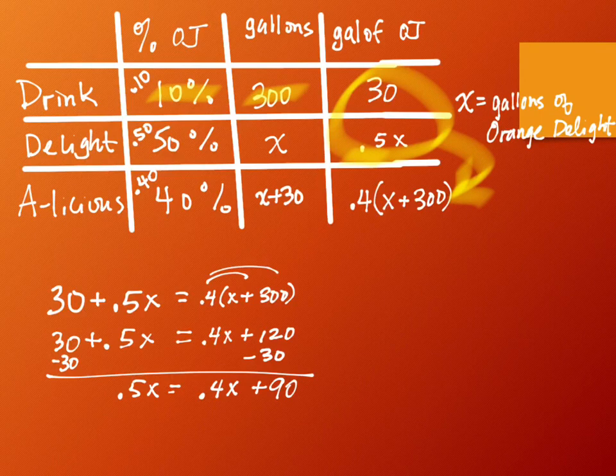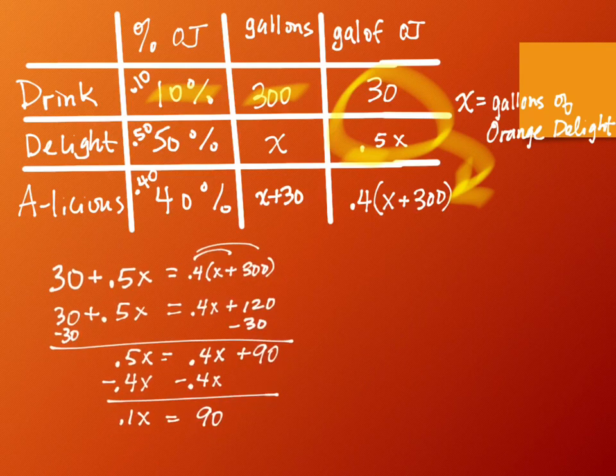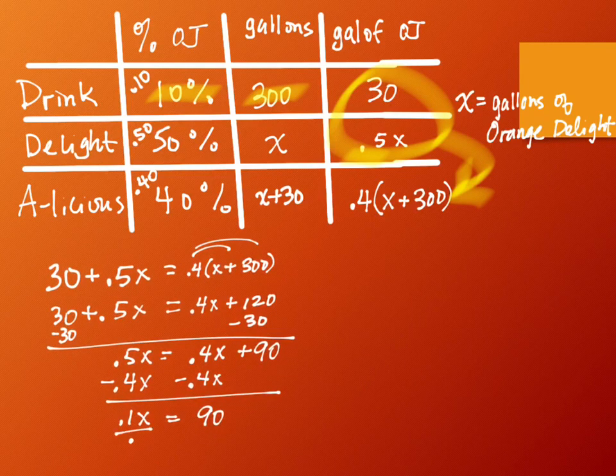Now what? Subtract the 0.4x. I need to move the x's on the same side. So that leaves me with 90 on the right. 0.5x minus 0.4x is 0.1x. And then what? Divide by 0.1. And what is 90 divided by 0.1? It is 900.